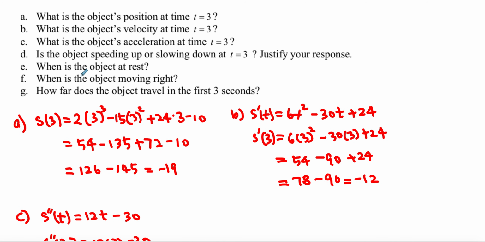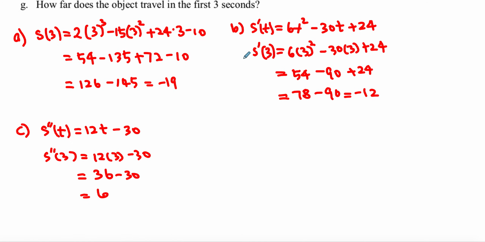Now how about d? Is the object speeding up or slowing down at t equal to 3? So speeding up or slowing down depends upon the signs of the acceleration and the velocity. When the signs are not the same, then it will slow down. When the signs are the same, then it will speed up. So as you can see over here, this is positive acceleration, and velocity is negative.